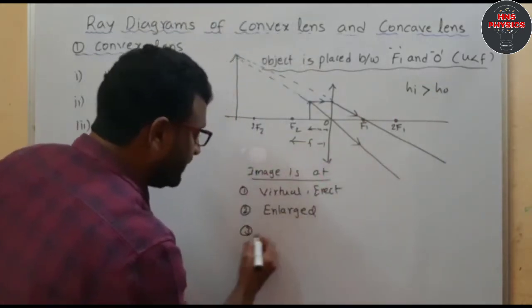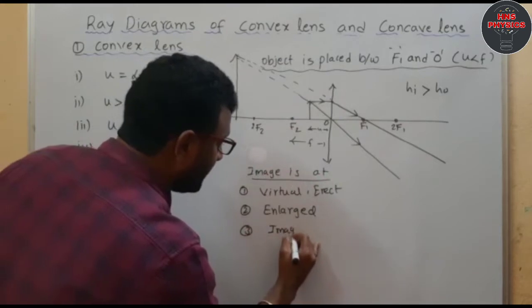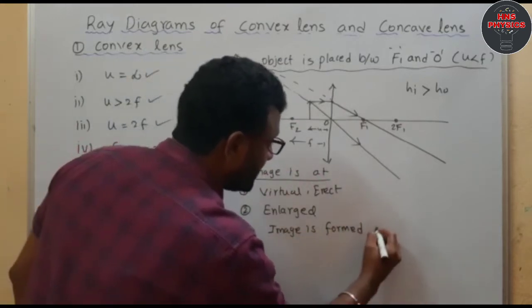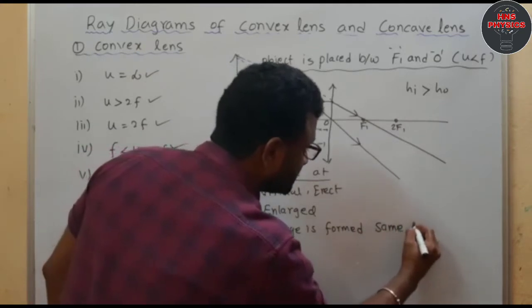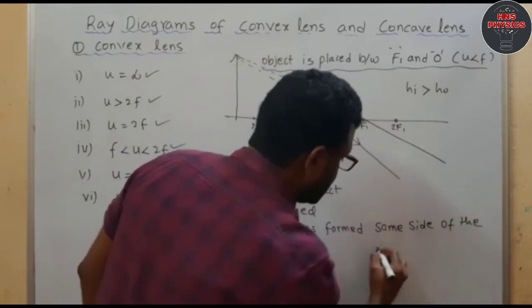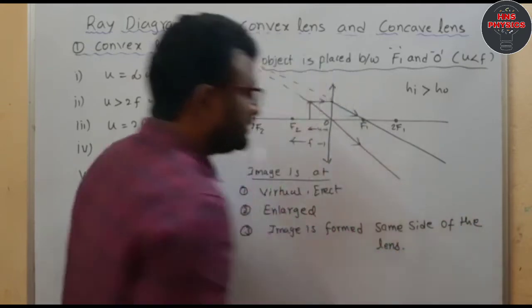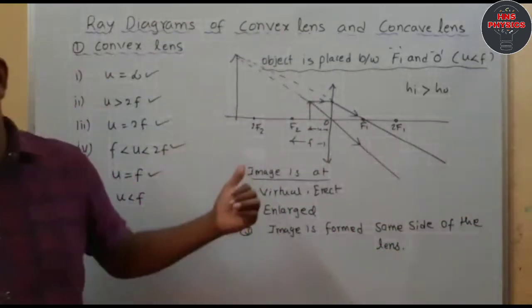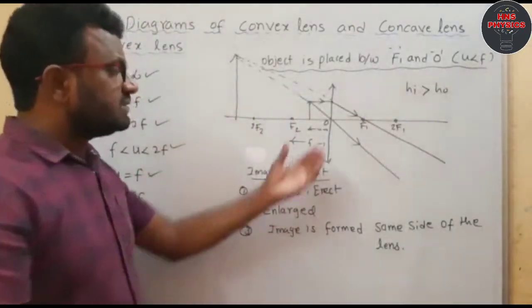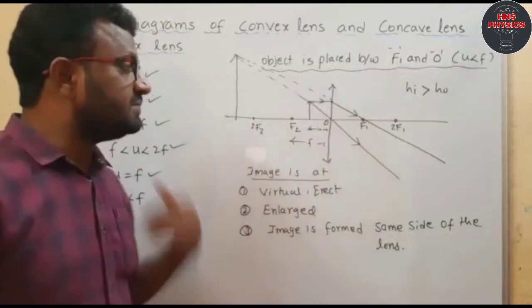Next, the image is formed on the same side of the lens. So this is the image distance. That image is formed on the same side of the lens.